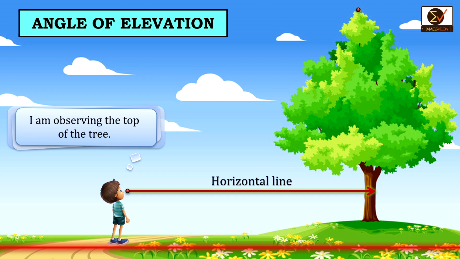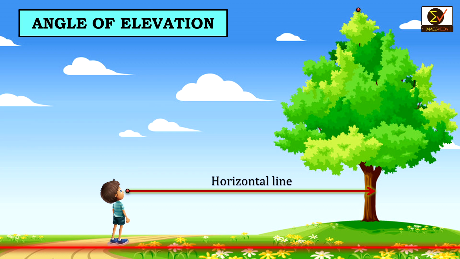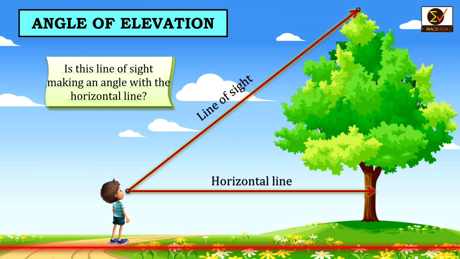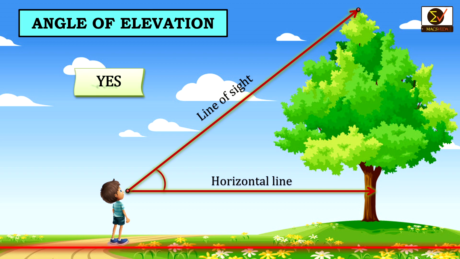Now I am observing the tree. Maybe the top of the tree he is observing. So this line which connects the eye of the observer to the object is called line of sight. Now the line of sight is making an angle with horizontal line, right?